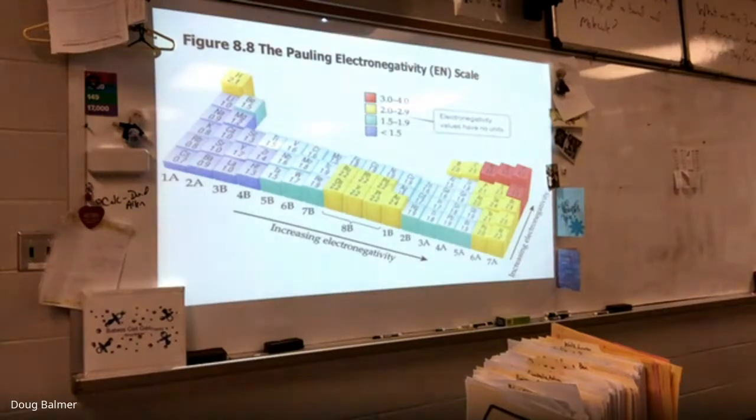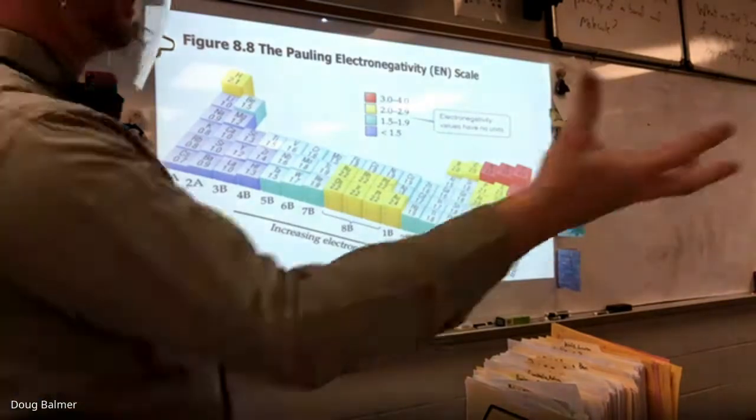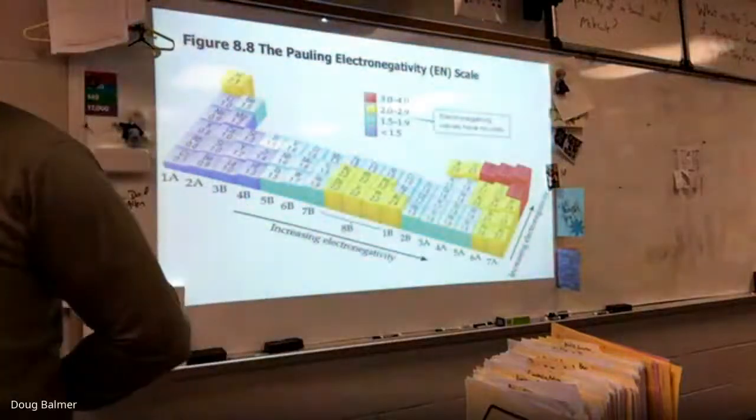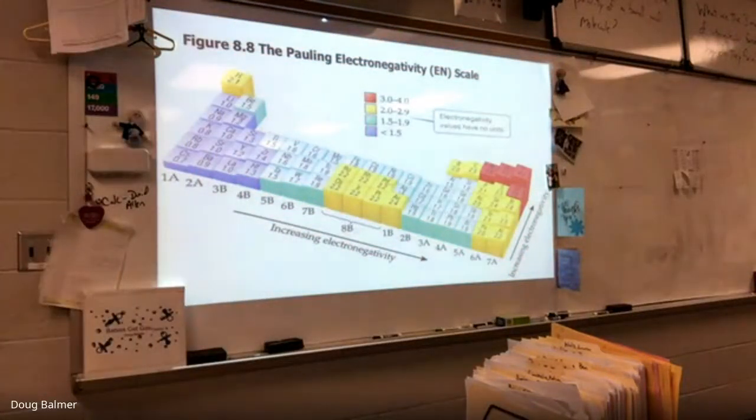An atom like fluorine is going to really pull on those electrons, and if you're pulling negative influences closer to yourself, is that going to make you positive or negative? That's going to make you negative. If you're surrounding yourself with more negativity, that's going to make you maybe not totally negative, but some of that negativity is going to rub off on you. So that'll make you partially negative. That's what we mean by polarity.